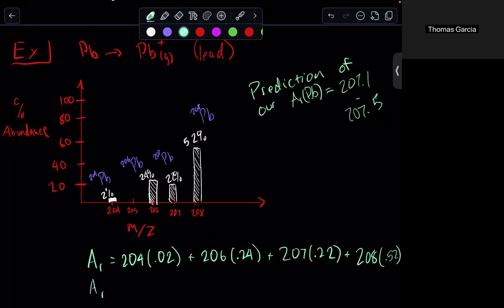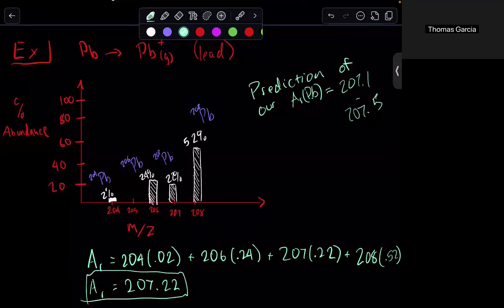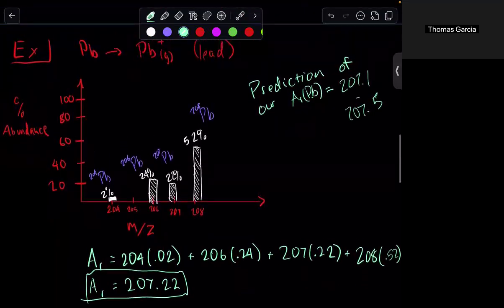When I do all this math, I get a mass of 207.22. So I find that my prediction was pretty darn close. I would say I was in that range quite all right.